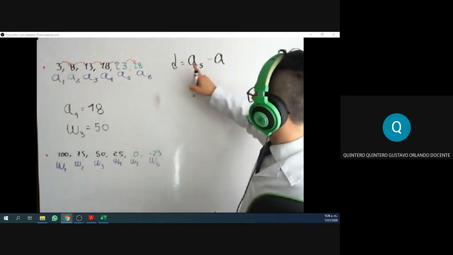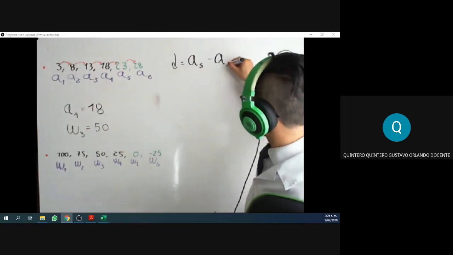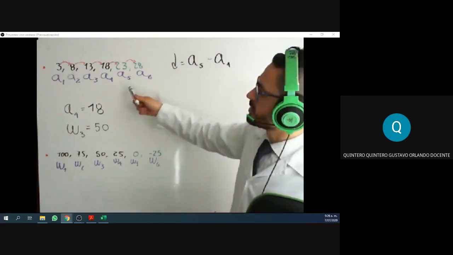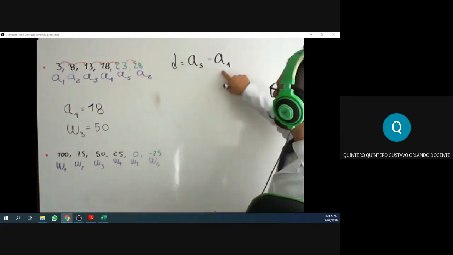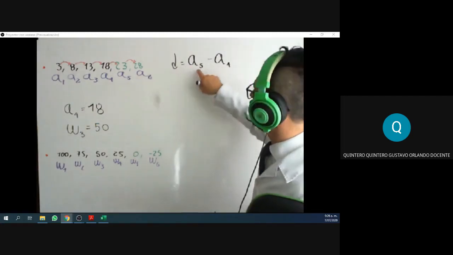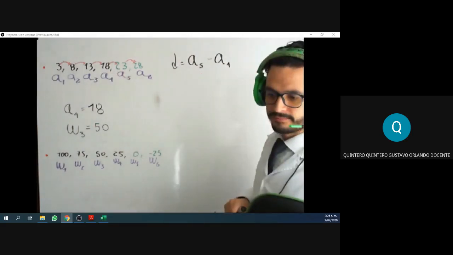I take the sequence A, position 5, minus the sequence A, position 4. That difference has to be the difference of everyone in here, if it is arithmetic. Every one of these numbers means sequence and position. In here, I am doing 23 minus 18.